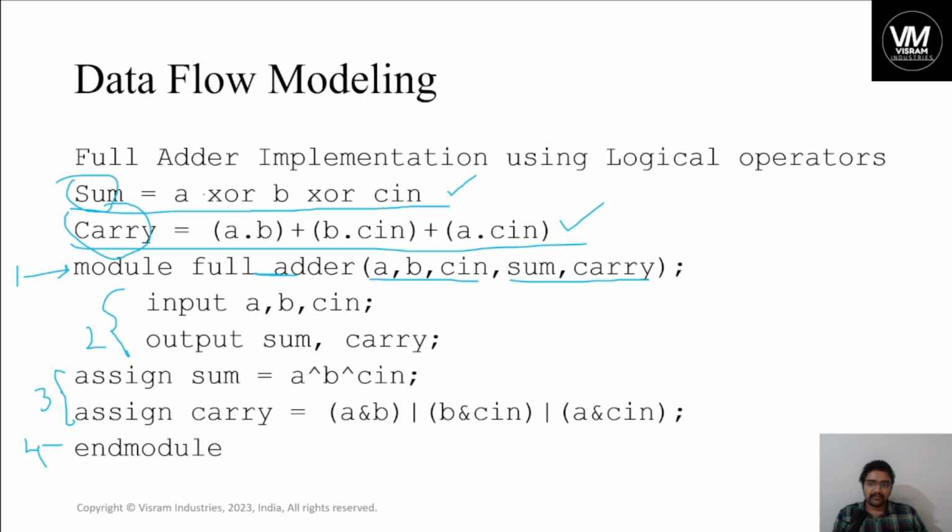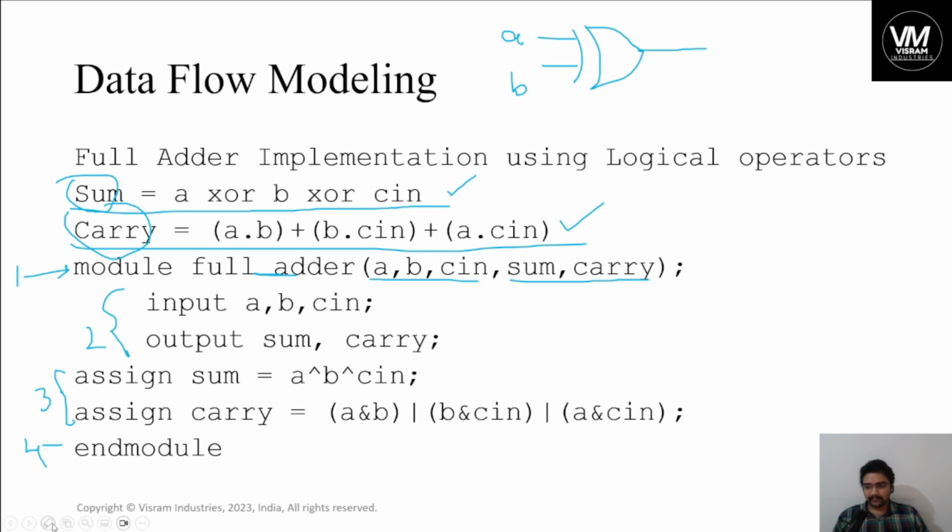So in terms of A XOR B, just imagine how A XOR B is written. If you have A and if you have B, how are these written? XOR has a symbol in this way. Okay, A XOR B is in this way. So now C in, B XOR C in, right?